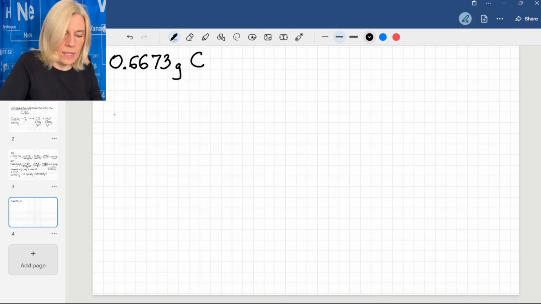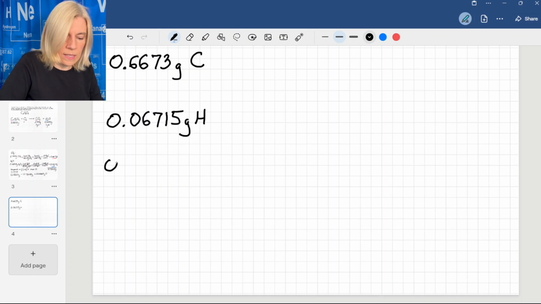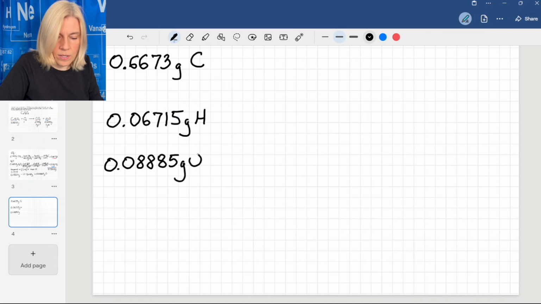I have 0.06715 grams of hydrogen, and I have 0.0885 grams of oxygen.